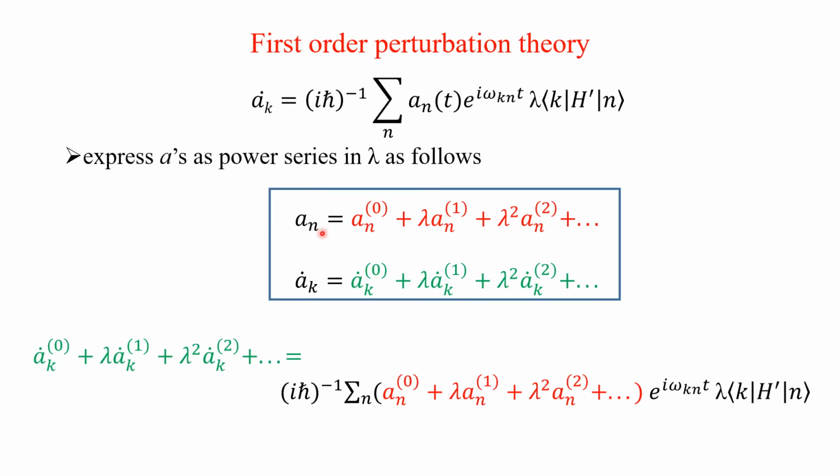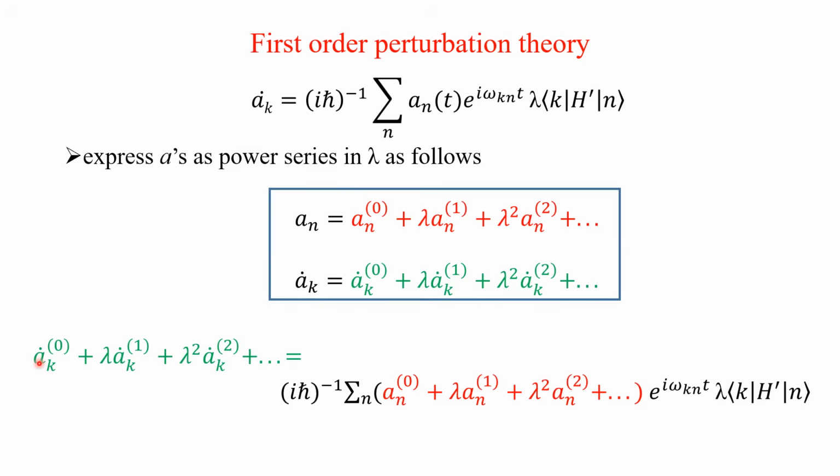Now you differentiate this an, and I am changing the running index into k because we have ak dot on the left hand side. So if you differentiate this, you will get ak dot 0 plus lambda ak dot 1 plus lambda squared ak dot 2. Now you substitute these two, that is, the parameter which I have shown in the rectangular blue color box in this equation.